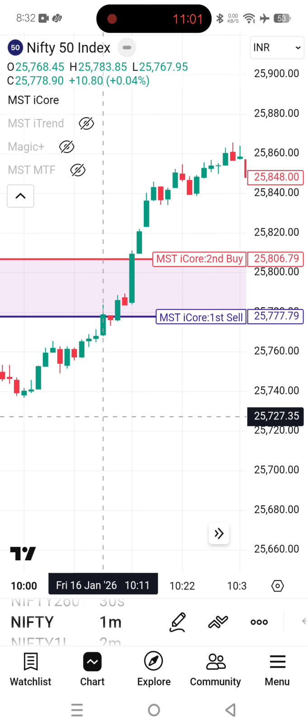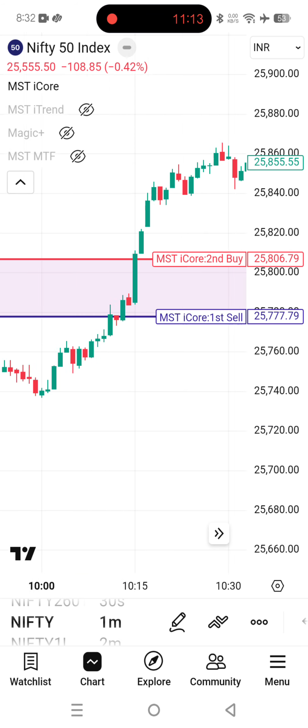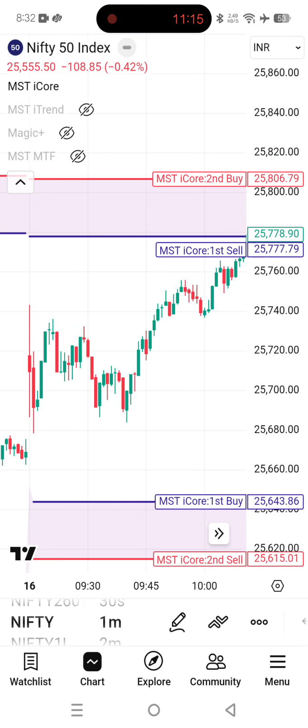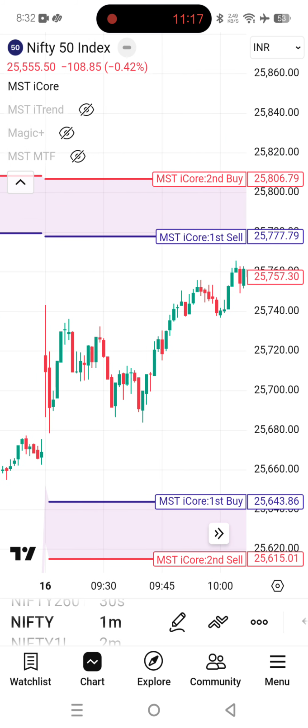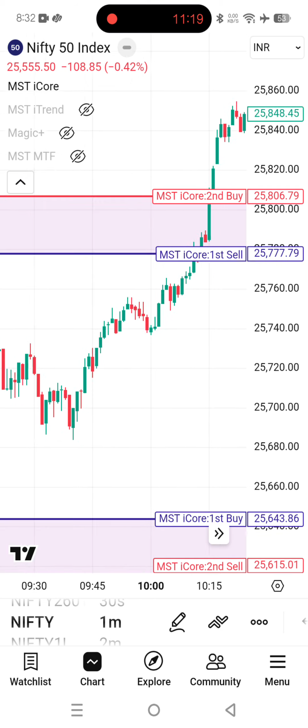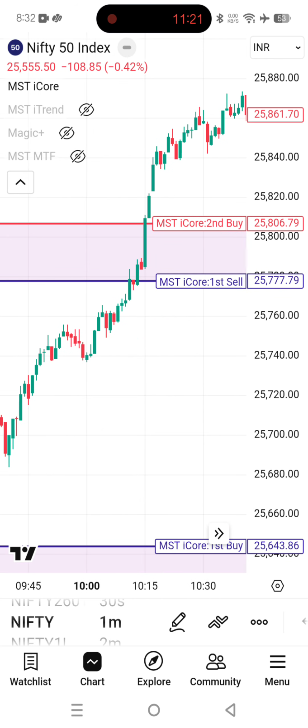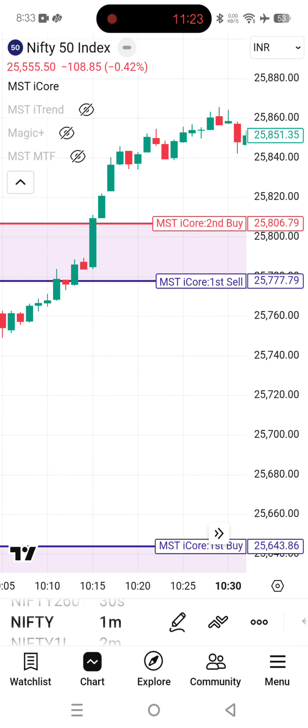See this candle at 10:11: it has full strength. No red candle is formed, and it is trying to break the supply zone. If you look at the previous candles, it is showing higher highs. It means the possibility of hitting SL is more.